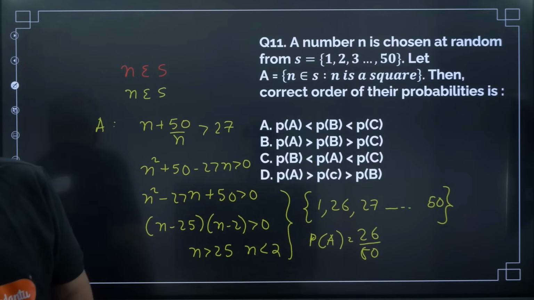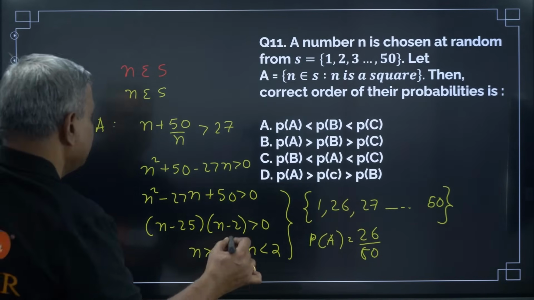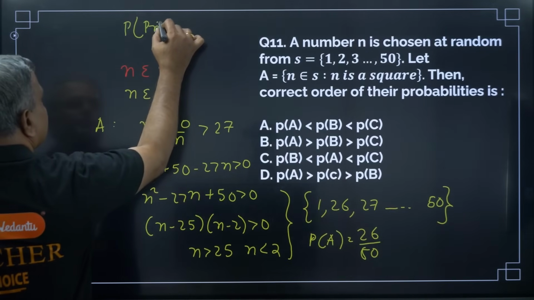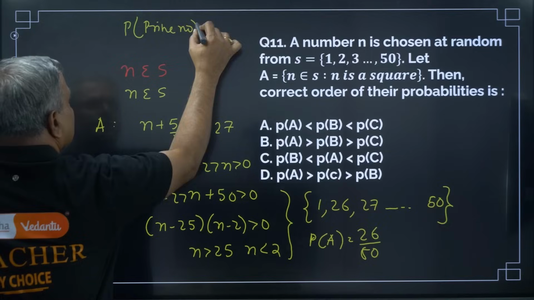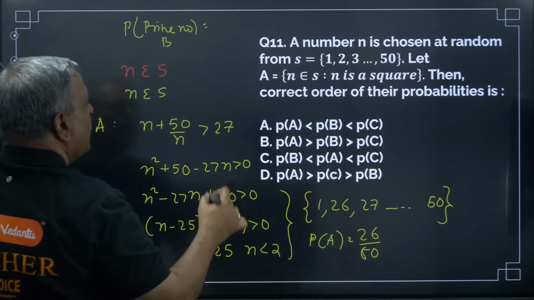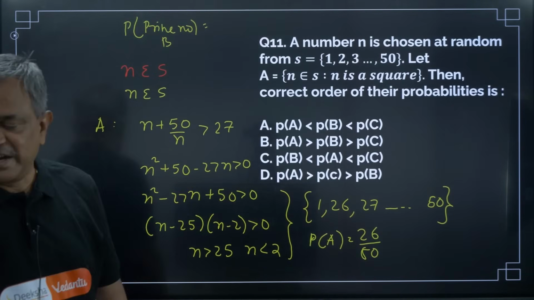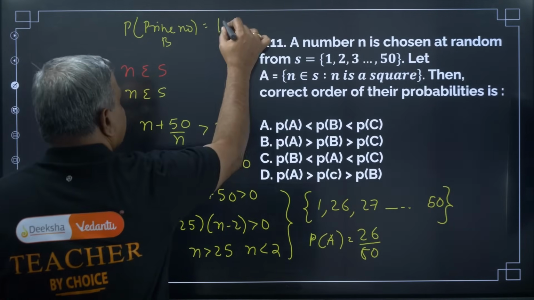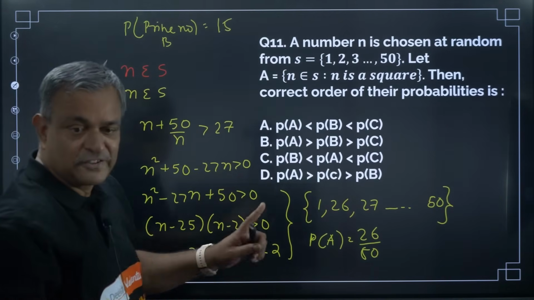Okay. Next P of B. So P of B, they are asking the prime numbers. P of B is prime numbers. How many prime numbers will be there? You have to select the number of prime numbers. So number of prime numbers will be 15. What are prime numbers? 1 is not a prime number.